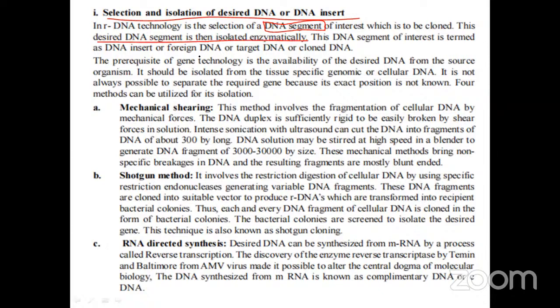For example, I gave the example of a desirable character in a mango tree. From the mango tree, we separate the cells. These cells are treated with enzymes such as pectinase and cellulase. As a result, the cell wall dissolves.